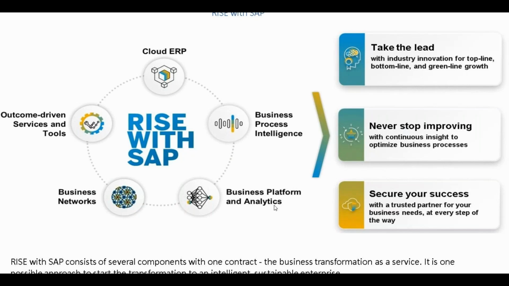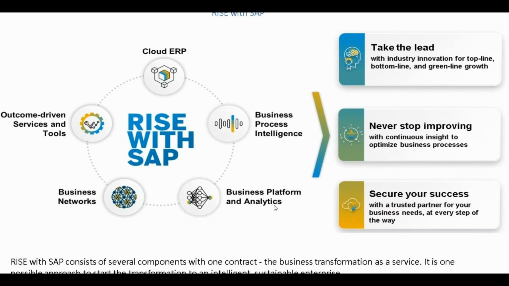RISE with SAP. Because when you go with this contract, the RISE with SAP contract, which we call business transformation as a service, you'll get so many options here. In fact, you'll get so many tools, so many technologies, which will allow you to do your conversion of an existing landscape into an intelligent enterprise landscape a lot more easily.